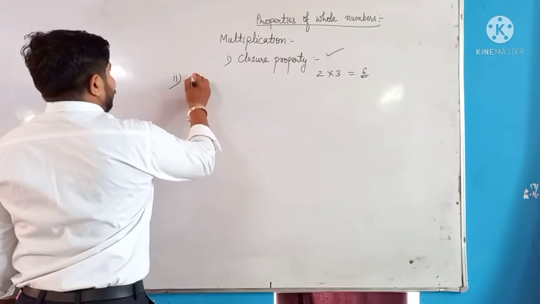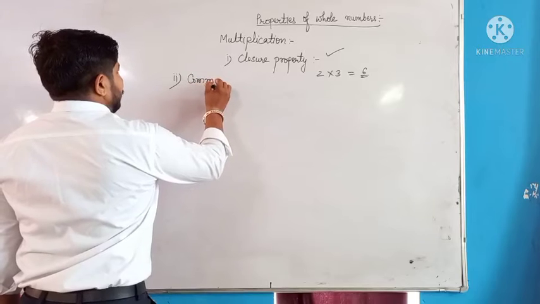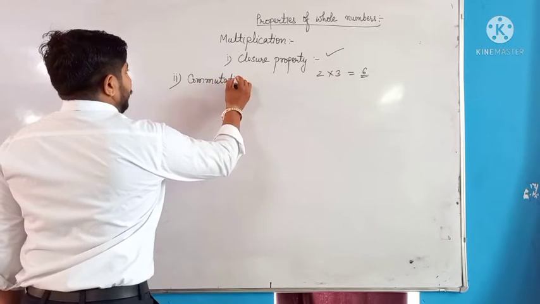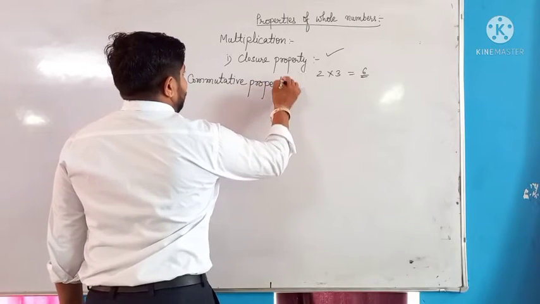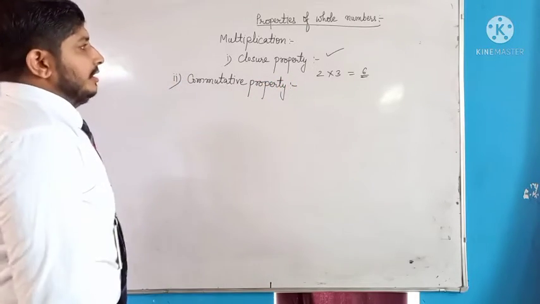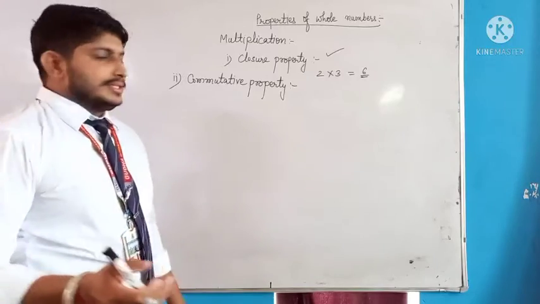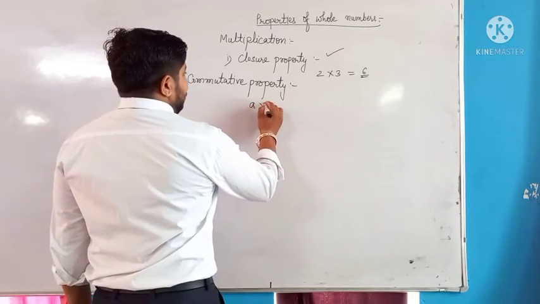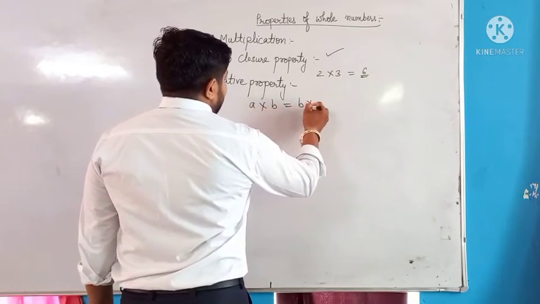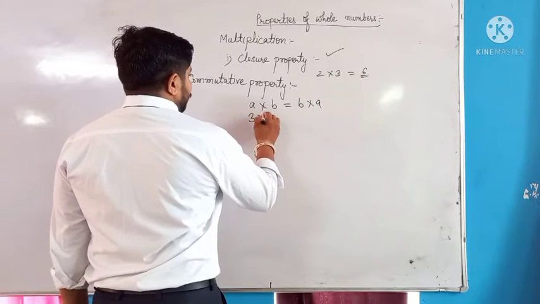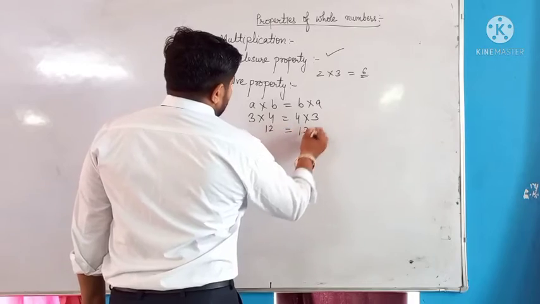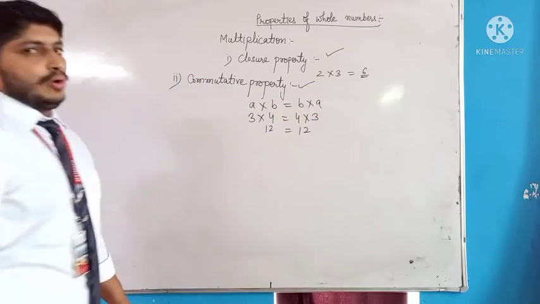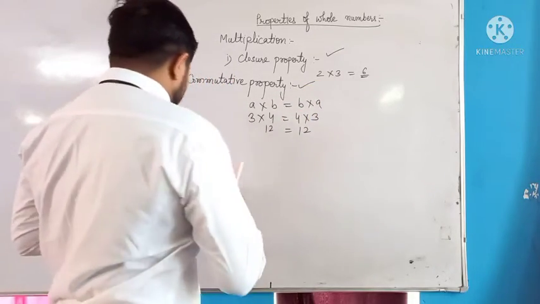Next, commutative property, beta. In commutative property, if we take any two whole numbers and multiply them, a multiplied by b comes equal to b multiplied by a. You take 3 into 4 is equal to 4 into 3, so 12 is equal to 12. So this property also holds good under the operation multiplication.